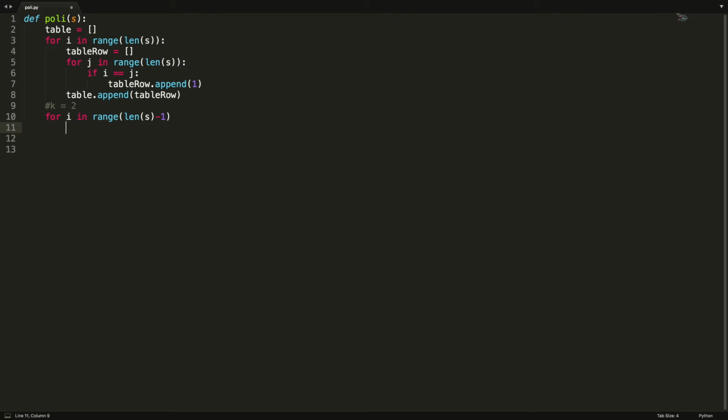For this loop, we will compare if s[i] equals s[i plus 1], we will say label i, i plus 1 will give 1 to this item.